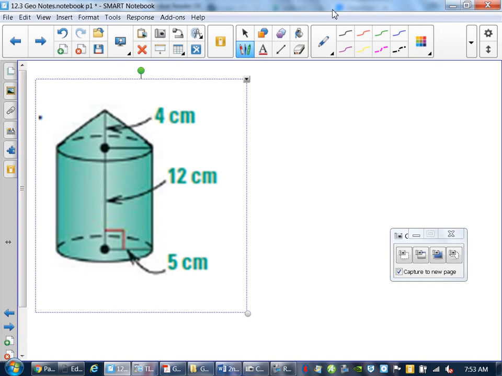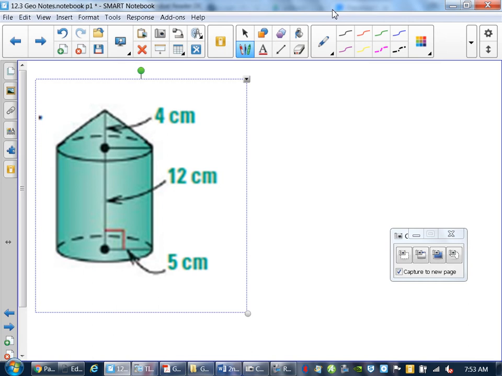Prism. So we have four formulas for surface areas: pyramids, cones, prisms, which was twice the area of the base plus the perimeter of the base times how far apart they were. And then the surface area of the cylinder.